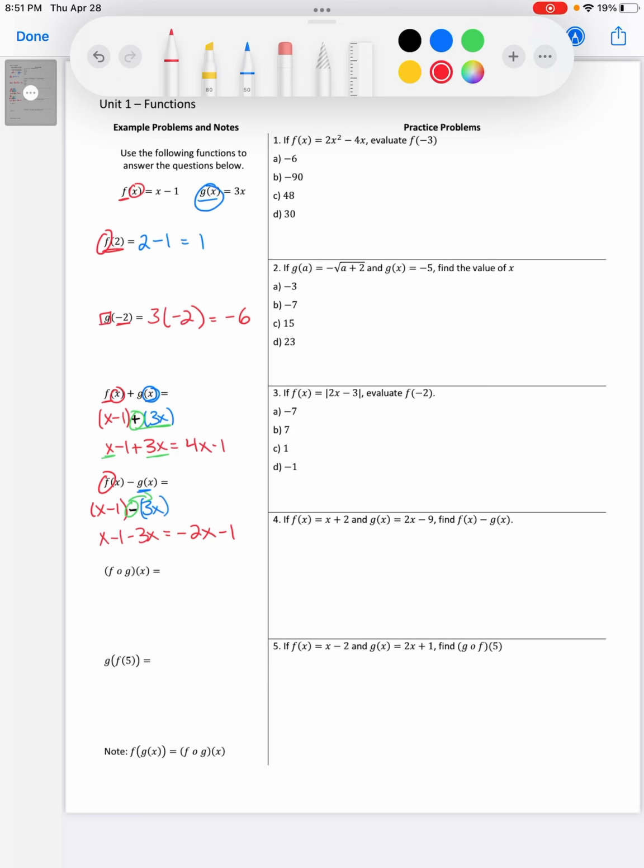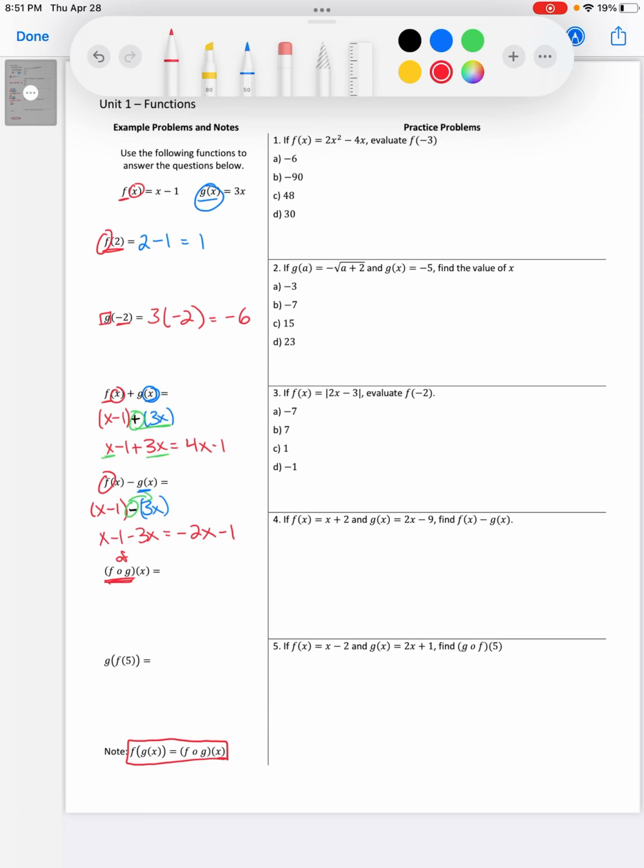Okay, so next one. Do we remember what this says? It's f of, so that small circle means of, f of g. So remember, f of g was the same thing as this. g is inside of f, like those Russian nesting dolls I'd always talk about.